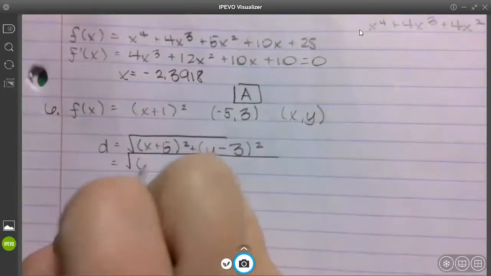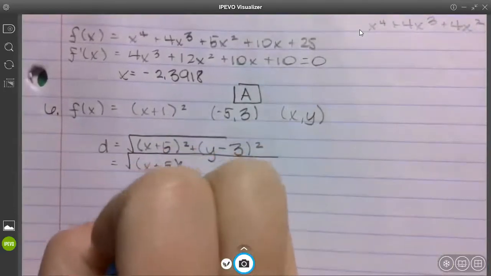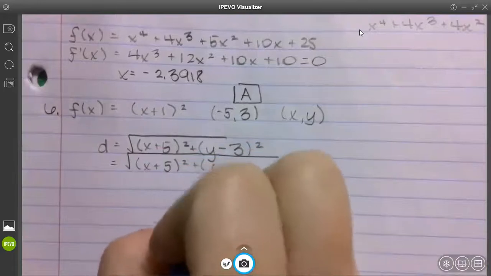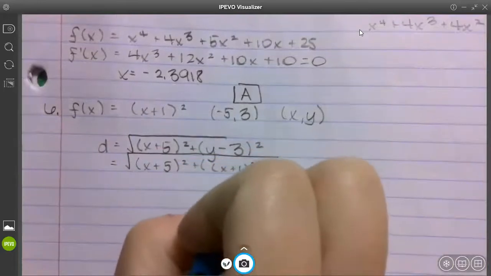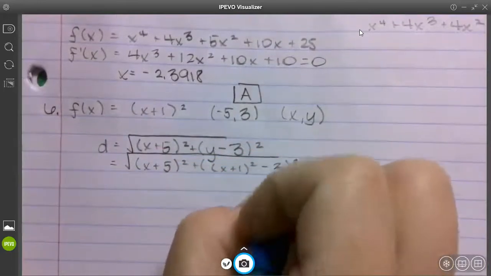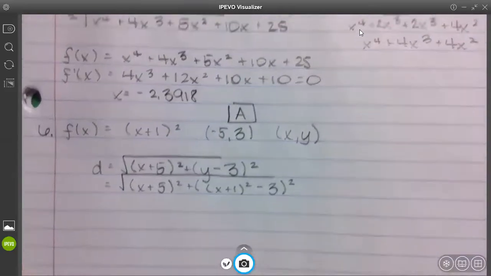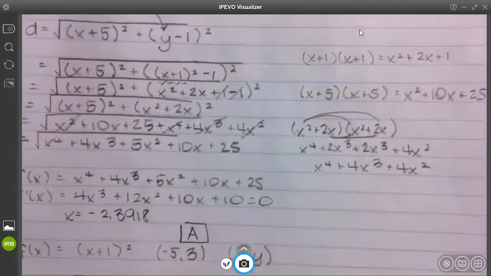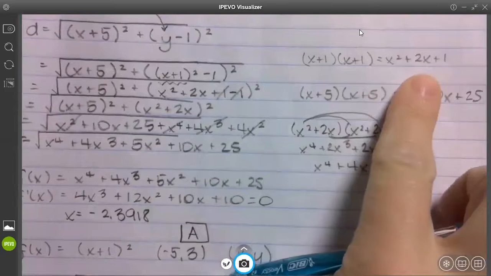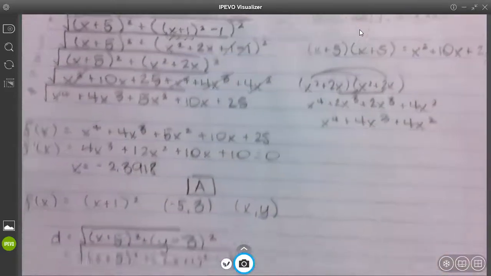We're going to replace that y with x plus 1 squared. And then we did that up here. So there's your x plus 1 squared, x squared plus 2x plus 1. I'm just going to rewrite it down here.